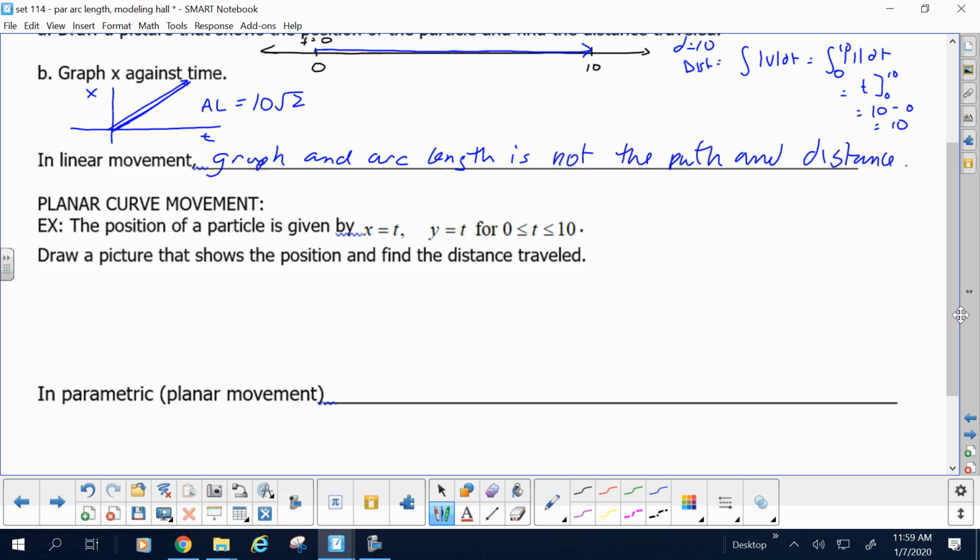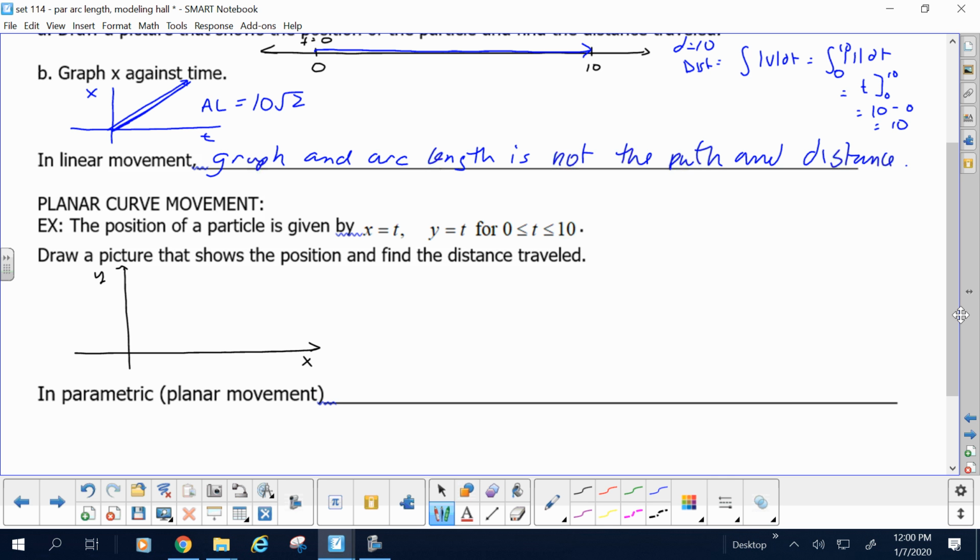If I said the position of a particle is given by x is equal to the time and y is equal to the time, if I asked you to draw a picture of the path that the particle traveled, do that, please.